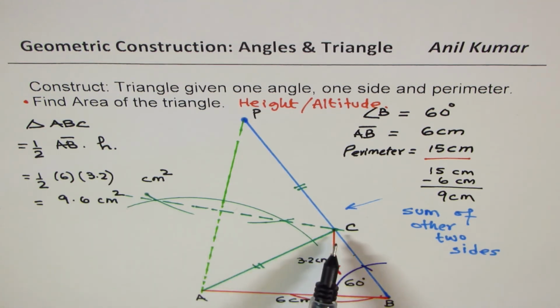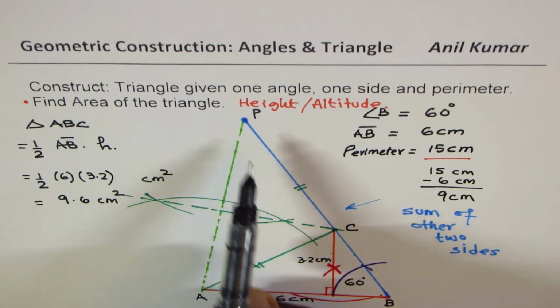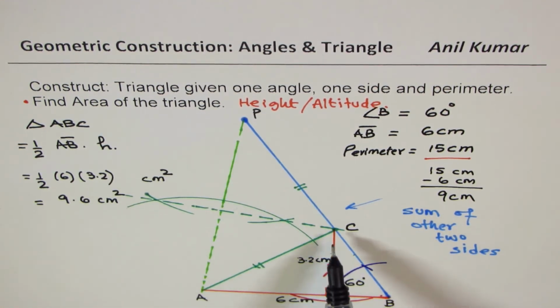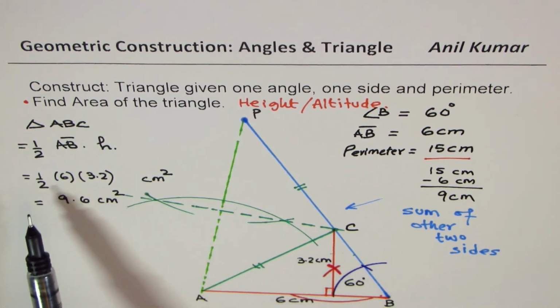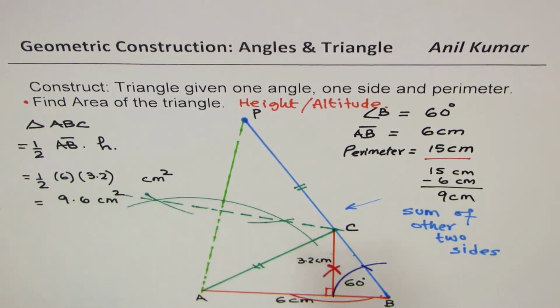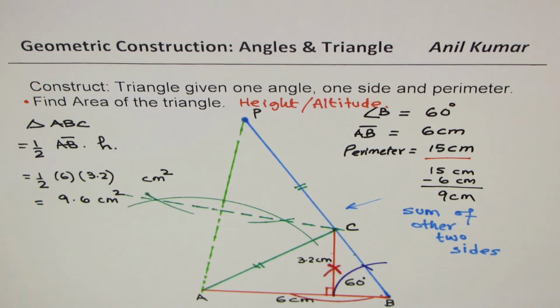The bisector of AP gave us the point on that longer side to form the required triangle. Now to find the area, we dropped a perpendicular from C to AB and then measured it. Multiplying half base into height, we got the area of the triangle. Perfect. So that is how we can do these kinds of questions.